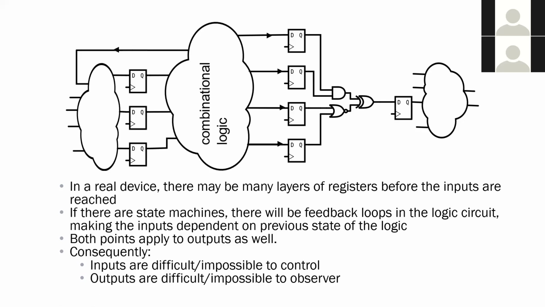So given this typical structure of an ASIC, it's almost impossible for you to be able to control the inputs of the combinational logic of these 3 gates that we started with, okay?